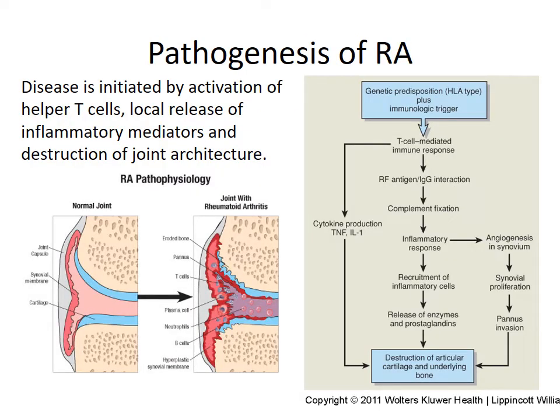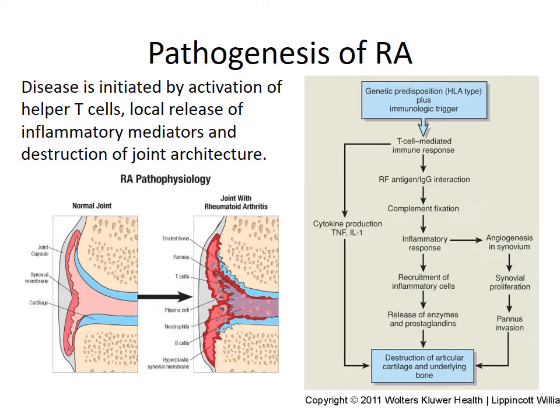So what do we have going on here? We know it's autoimmune, and so actually what gets involved here are helper T cells. They release these inflammatory mediators that tend to destroy the joints. So if you are predisposed and you have some sort of trigger to start this process, your T cells are going to respond and start making this rheumatoid factor antigen, which will interact with your antibody, your IgG.